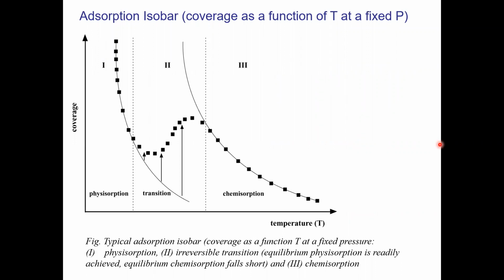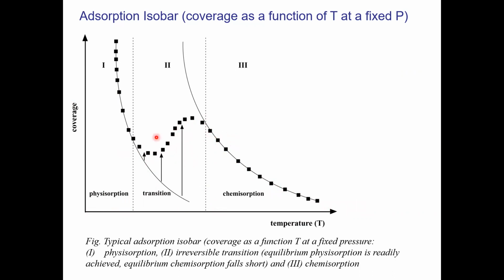And if you look at the coverage versus temperature curve, you can see that at low temperature you have physisorption. Then with an increase in temperature, there is a transition from physisorption to chemisorption. And then if you go to high temperature, even the chemisorbed species will start dissolving. So the coverage will go down.